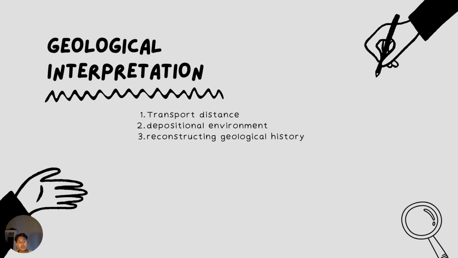And the second one is depositional environment. Pebble shape can also indicate the transport medium. Well-rounded pebbles are often found in high energy or beach environments. So it means in the downstream, because the pebbles have already moved a long way, they become more well rounded and the sphericity is high, where continuous abrasion smooths their surface.